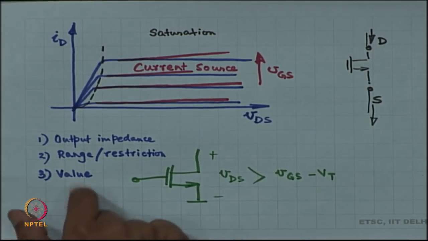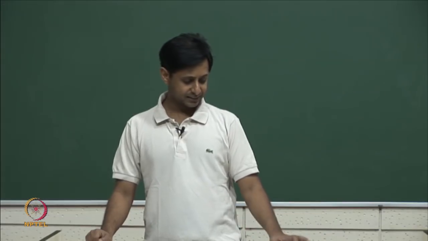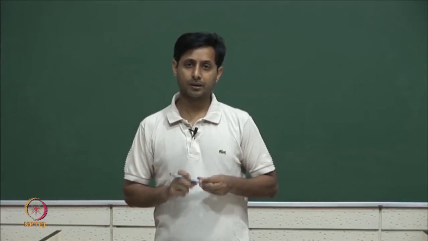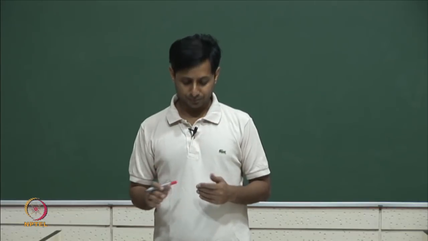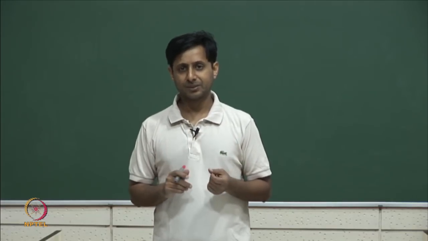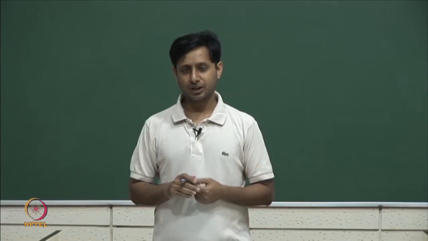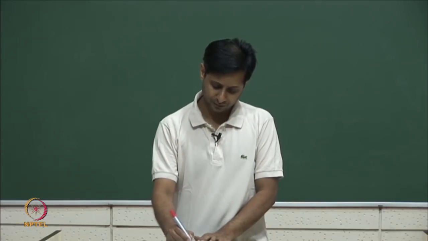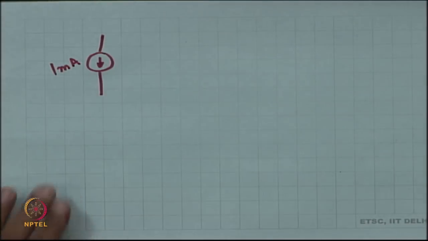So, the first thing that I am going to work on is the value, all right, and we change the problem of the value into a problem that is like this, that suppose I show you a current source, suppose I show you a current source of value 1 milliampere, or suppose I give you a current of 1 milliampere.